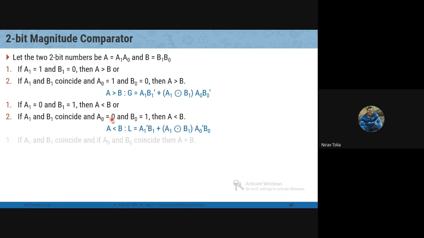And for the equality, my A1 must be equal to B1 and my A0 must be equal to B0.